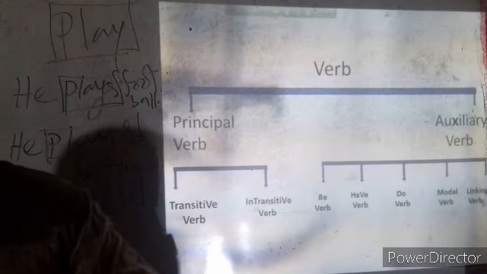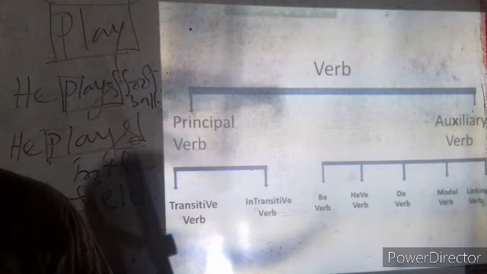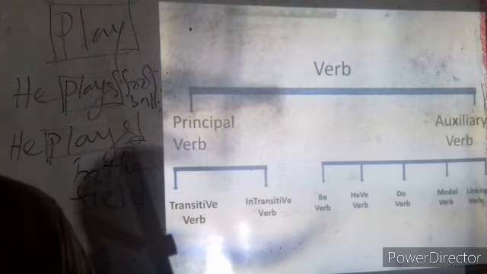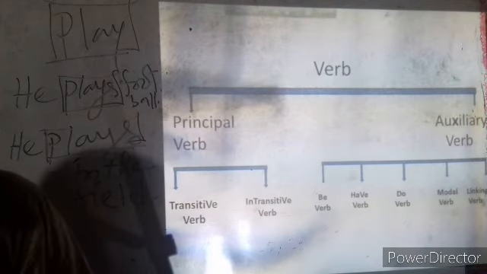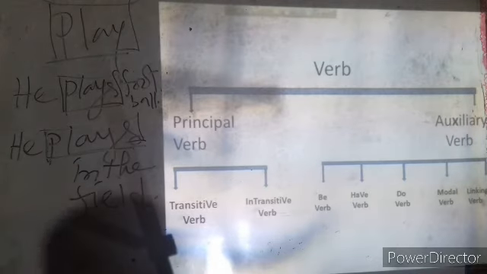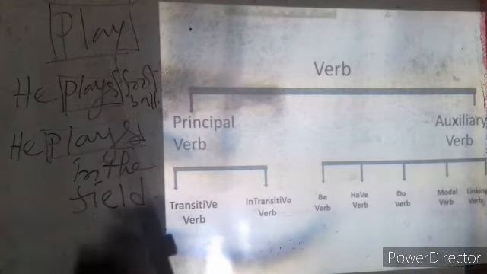So only seeing the verb, it is difficult to identify it is transitive verb or intransitive verb. Okay, my dear student, when the verb is used in a sentence, it will be much easier for us to identify it is transitive verb or intransitive verb, because play is both transitive verb and intransitive verb.